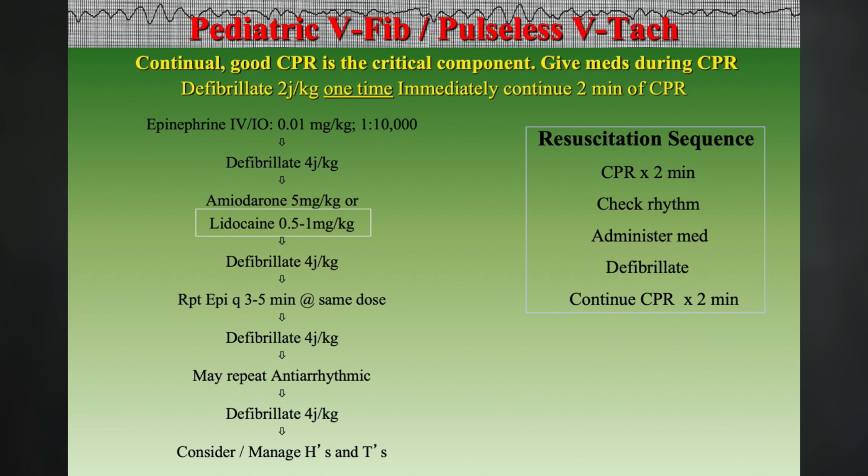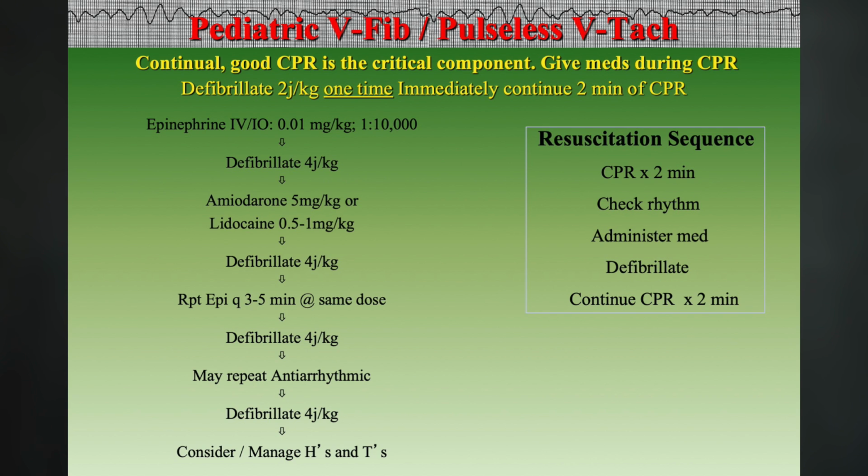After each 2-minute cycle, you would rotate. The next 2 minutes you would stop, look at the rhythm, give epinephrine and defibrillate. 2 minutes later, you would stop, look at the rhythm, give either more amiodarone or more lidocaine and defibrillate.